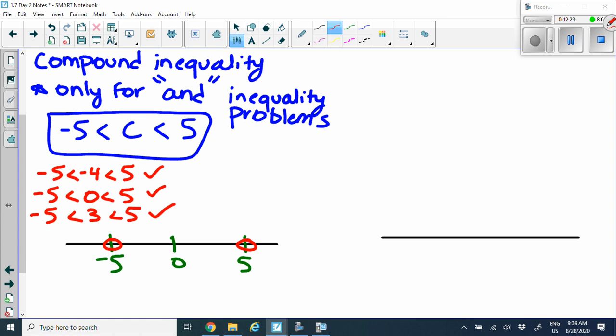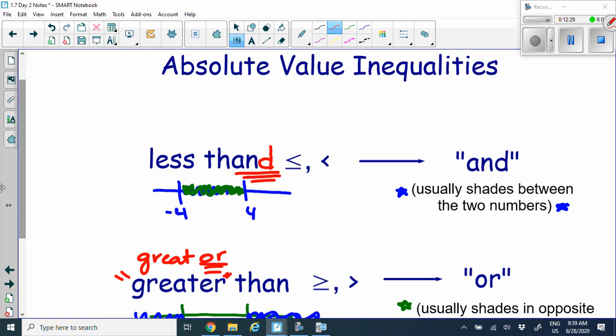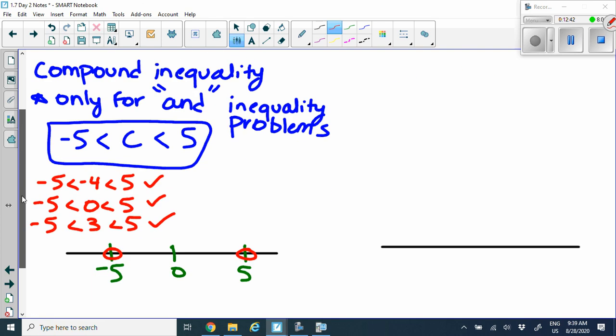Okay, well, let's go back to the idea when we talked about and problems. We said that with any of these problems, we shade in between the two numbers, right? So we're seeing really the understanding of why we shade in between for and problems.